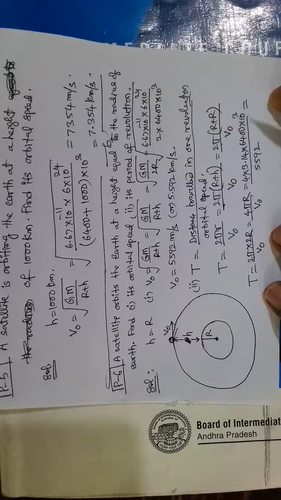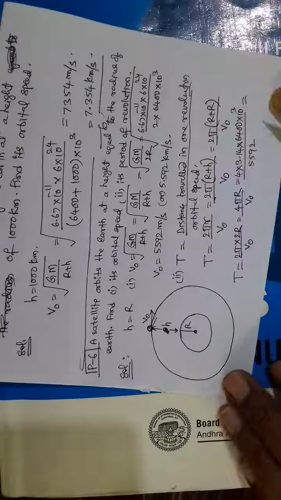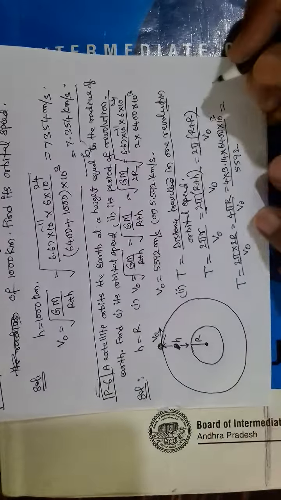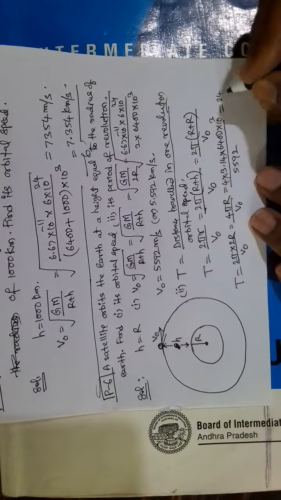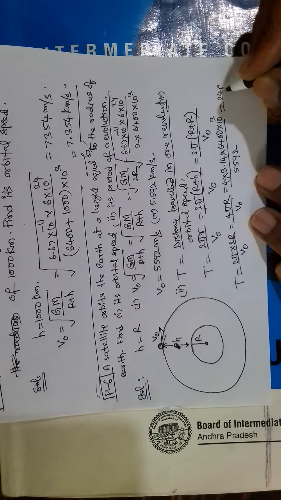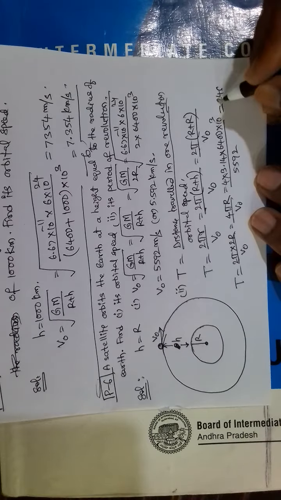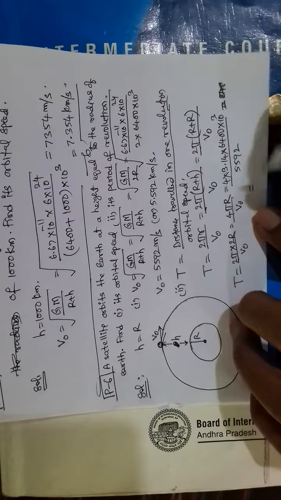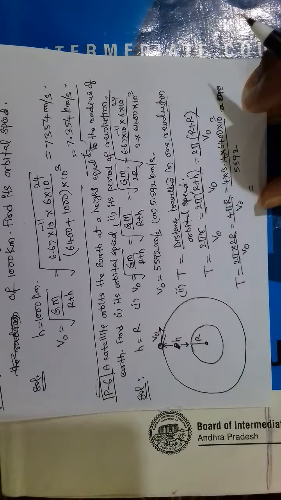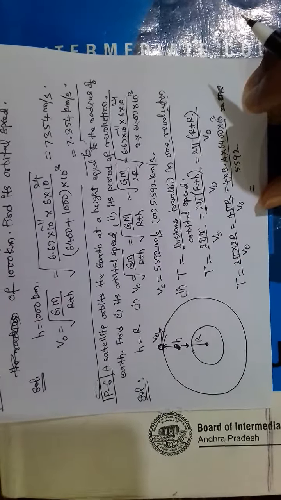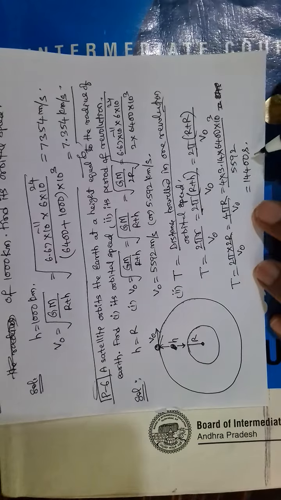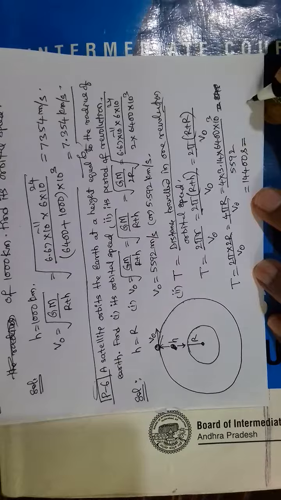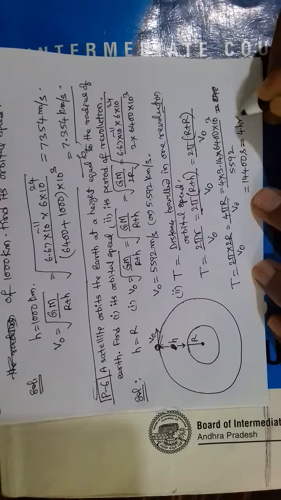So now by substituting the values we get this much seconds, and when converted into hours we get 4 hours.